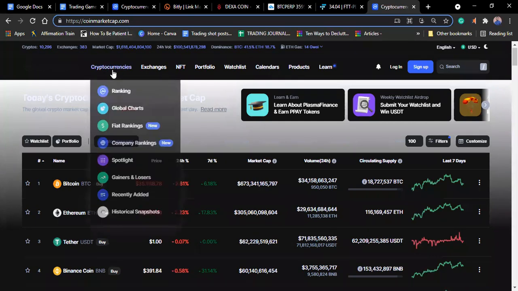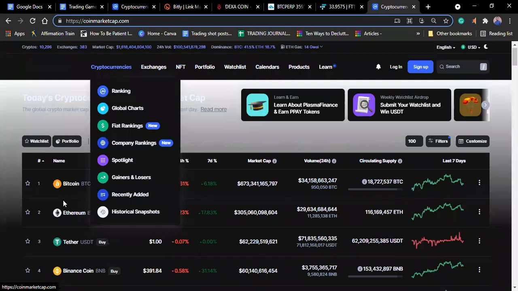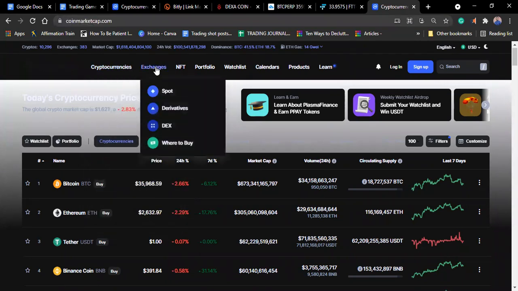And when you come to CoinMarketCap, what are you checking? You're checking the coins. We'll do a class on CoinMarketCap, but for today, I want us to look at exchanges. There are different kinds of exchanges in crypto. Exchanges are like your brokers. We explained that in our previous class. So there's a spot exchange, there's a derivatives exchange, and there's a decentralized exchange.